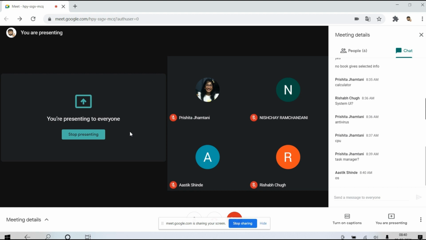OS, very good. Clear? That is your operating system. That's what I was trying to get from Rishabh. OS means your operating system. And the operating system is the first program which comes into your system.